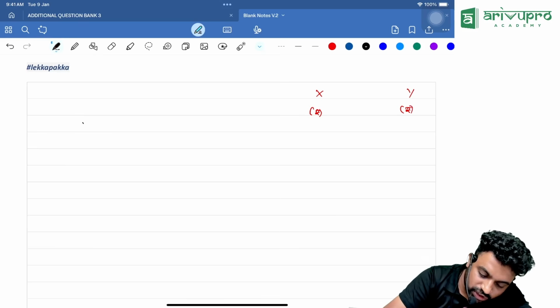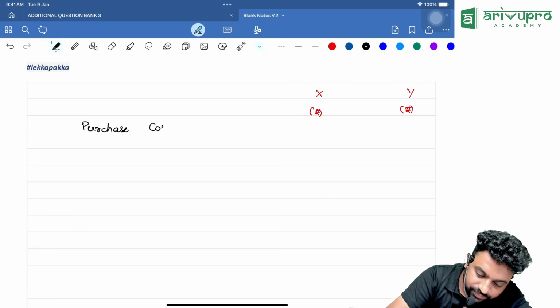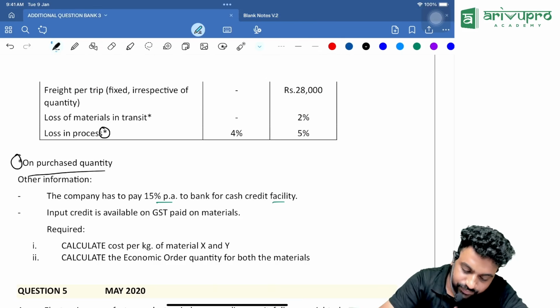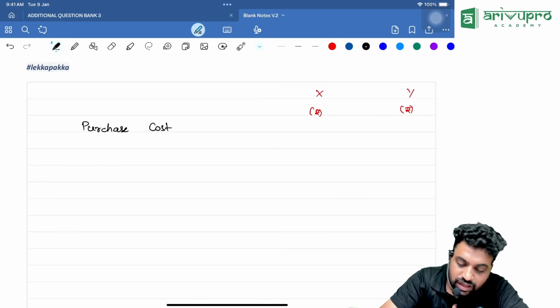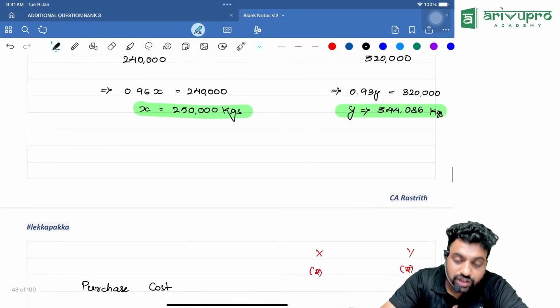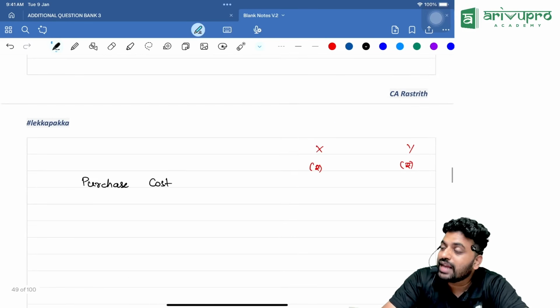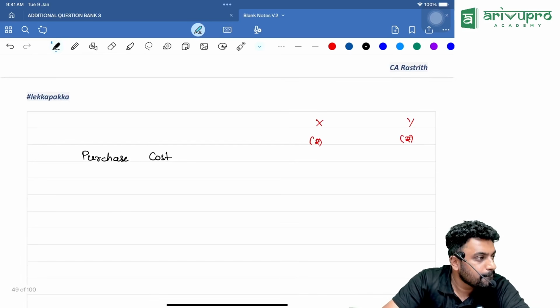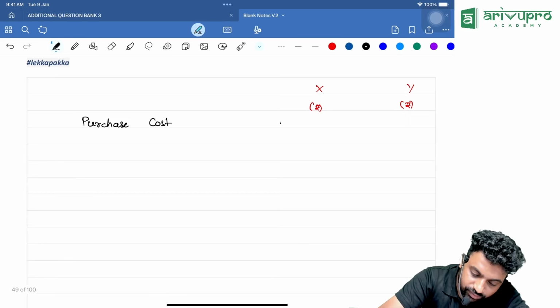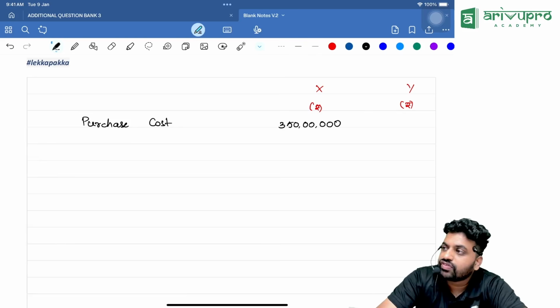Purchase cost first. For X, how much are we spending? Rupees 140 per kg. How many kg of X are we buying? 2,50,000. So 2,50,000 into 140 is 3 crore 50 lakh.